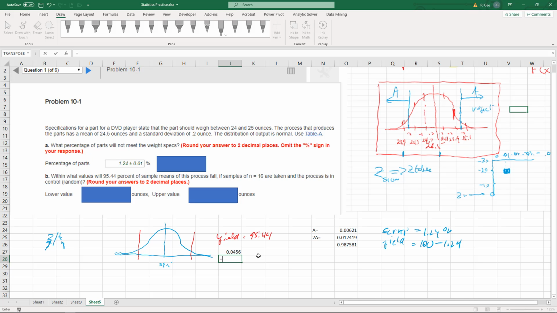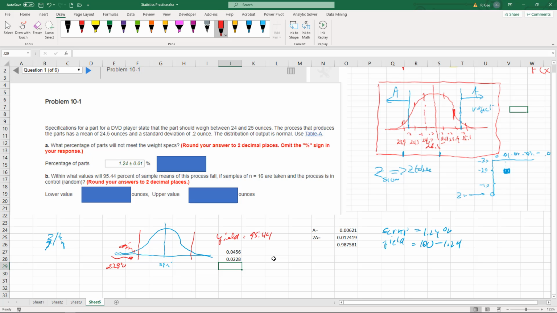We want to know just to the left, so we just want half of it. Divide that by 2. Just double check, make sure it looks right. So 2.28% of our curve comes up to there.